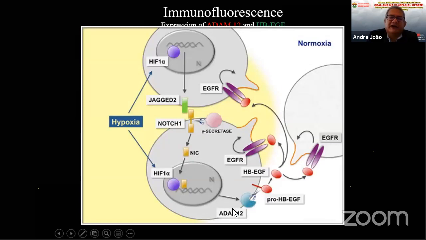We have a higher expression in cell lines in hypoxia of ADAM12 and HB-EGF. This pathway is possible in ameloblastoma, works in ameloblastoma, and possibly makes a high quantity of invadopodia.